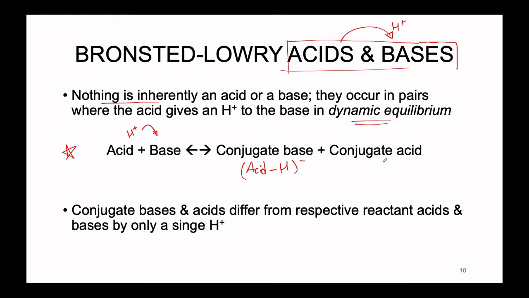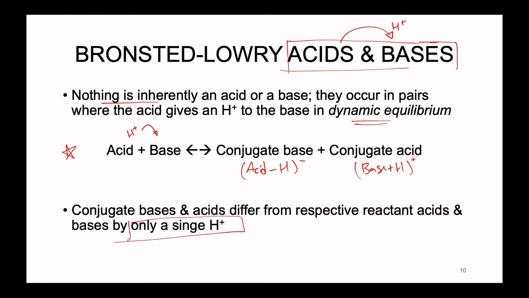And similarly, the conjugate acid is going to be the product form of the base, where this base has now gained an H and should have a charge that is higher, or a plus charge, compared to the basic form. In essence, conjugate bases and acids differ from the respective reactant acids and bases by only a single H+.